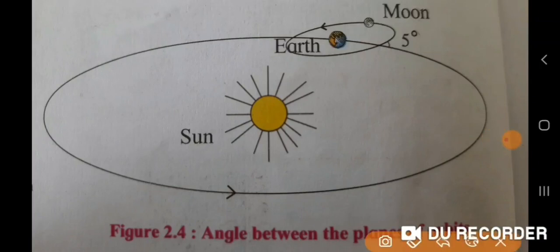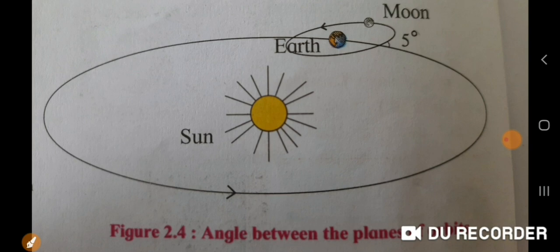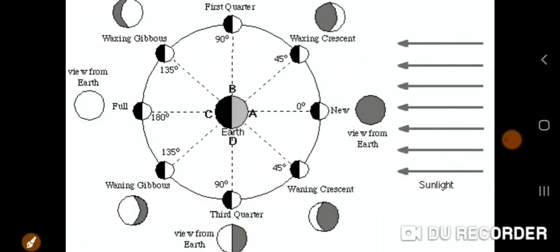The orbital path of the Earth and that of the Moon are not in the same plane. The Moon's revolutionary orbit makes an angle of about 5 degrees with that of the Earth. As a result, the Moon intersects the plane of Earth's orbit twice during one revolution.